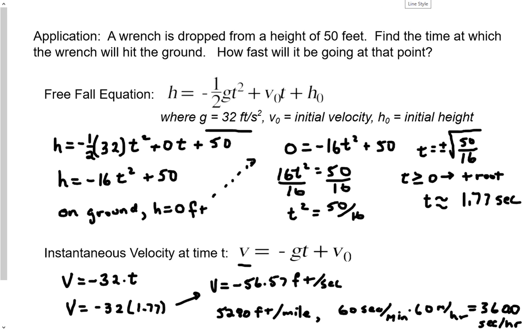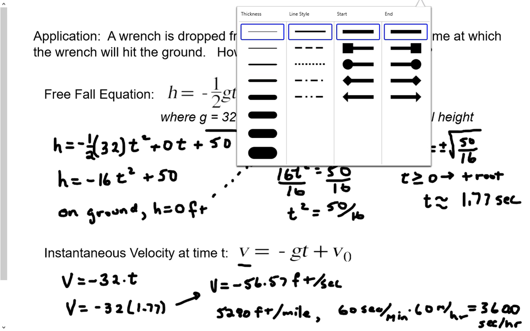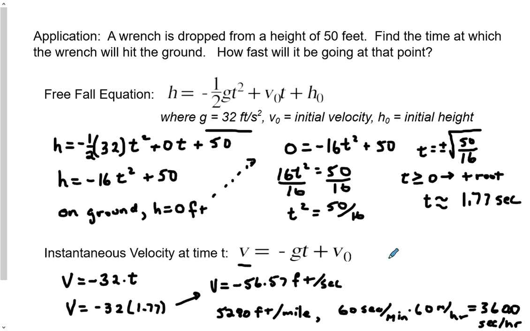All right, so if we're going to do a conversion, let's go ahead and just do this conversion off to the side. I'm going to get a thinner line so I can fit more of this in right here. I'm going to try and write this neatly. Let's convert, if you're interested, 56.57 feet per second. We're going to change that into miles by taking 1 mile for every 5,280 feet, so feet will divide out.